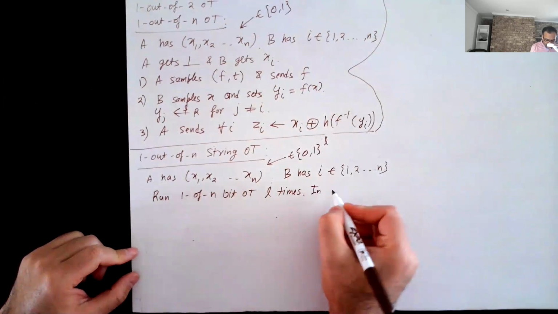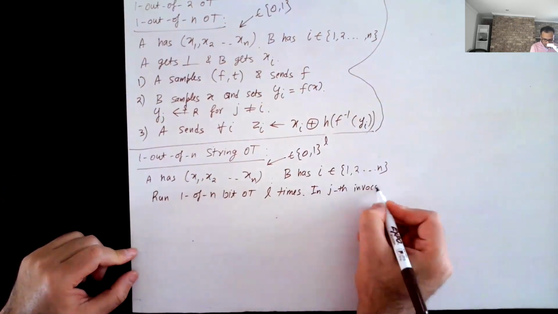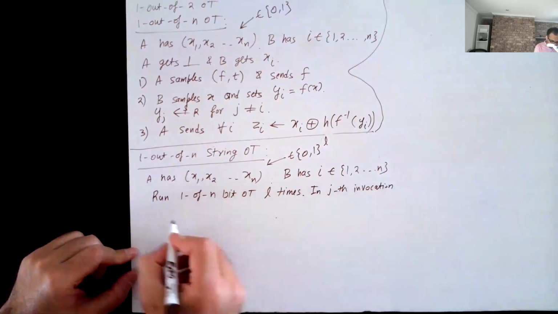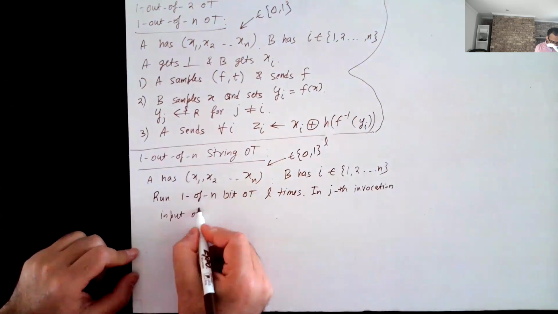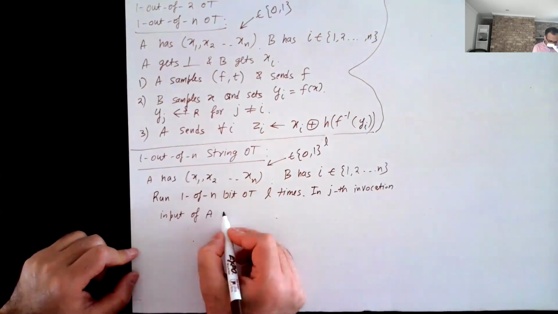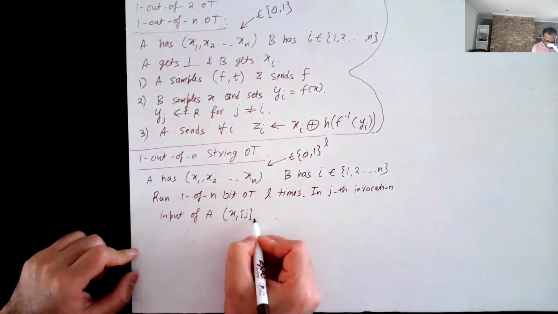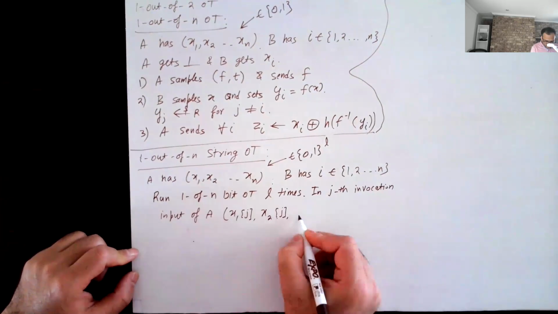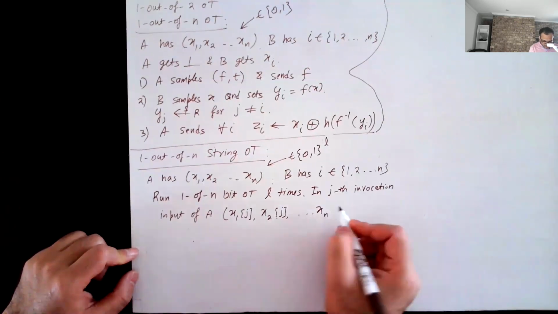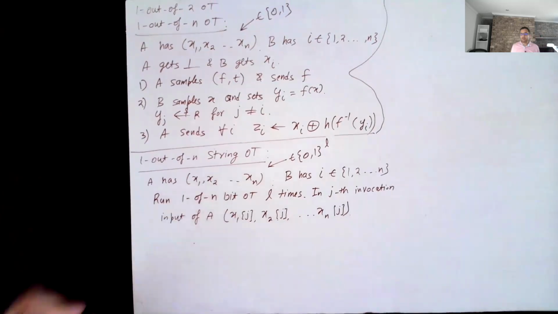Okay, so in the jth invocation, the input of A will be the jth bit of x1, the jth bit of x2, and so on, the jth bit of xn. The input of B remains the same in all invocations.